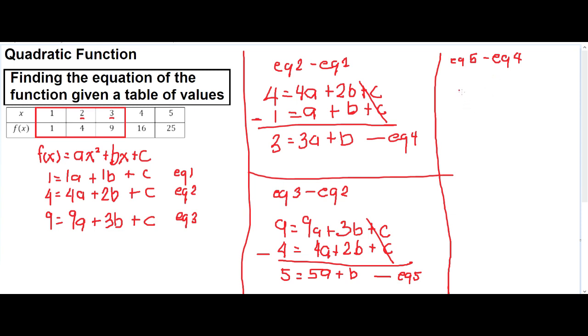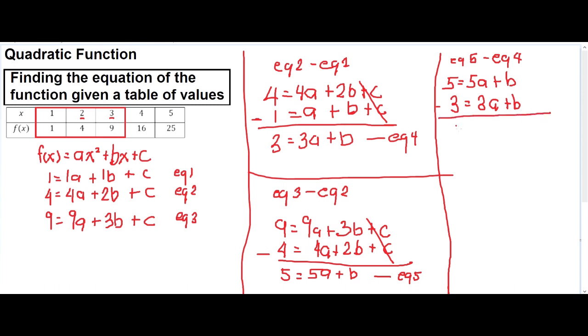You have now 5 is equal now to 5a plus b. That's your equation 5. Minus, meron ka equation 4 is 3 is equal to 3a plus b. Subtract yan.